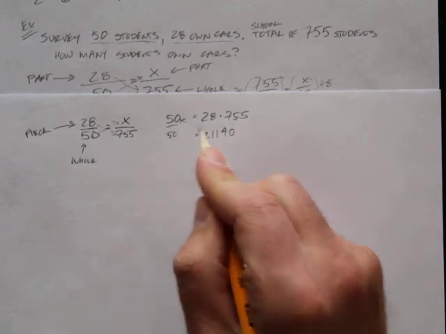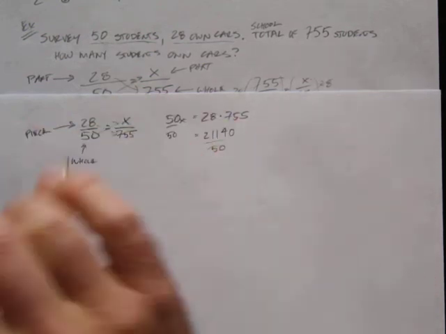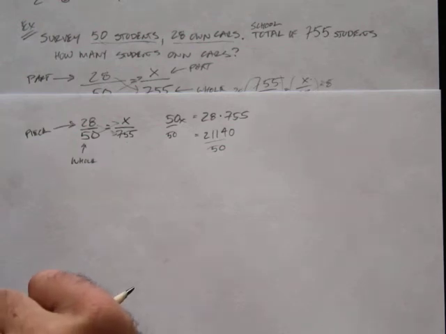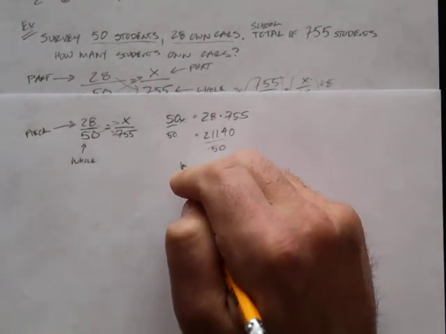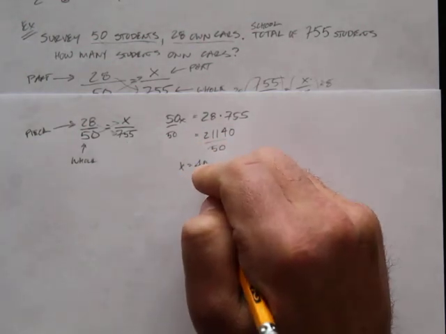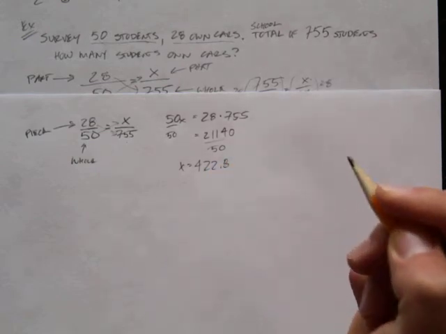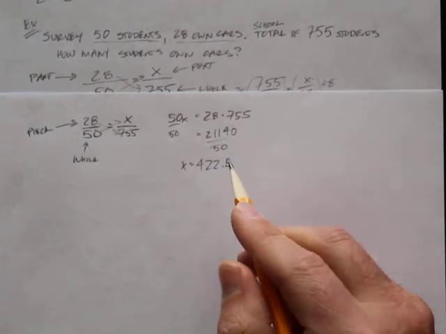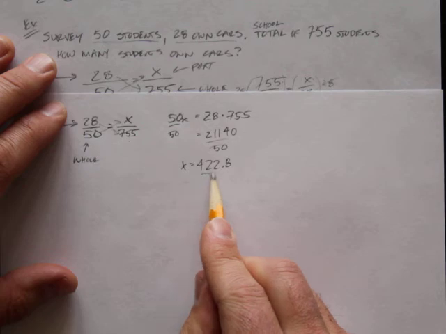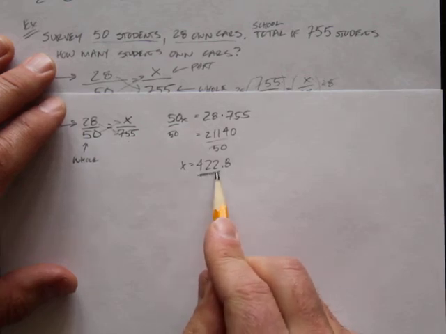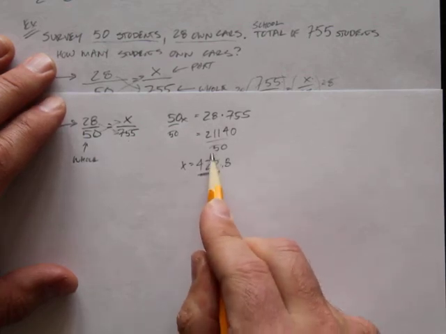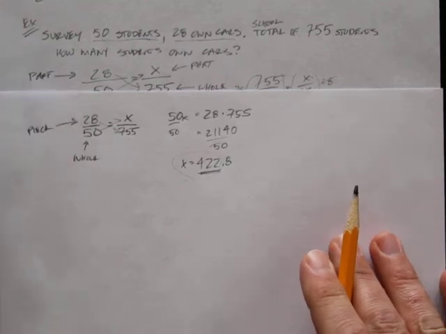Divide both sides by 50, and I get x equals 422.8 students. You're not going to have 0.8 of a student. So 422 would be your answer for this question.